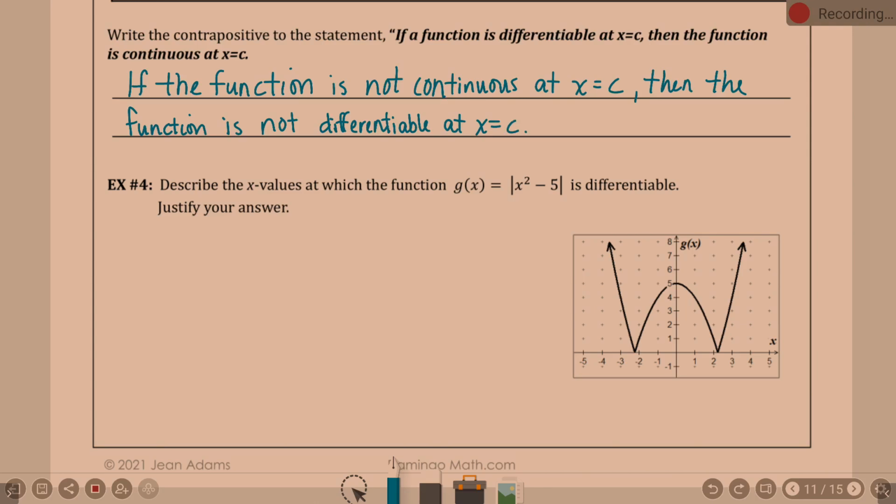Okay? So, you can say if the function is differentiable, then it follows that it is continuous. Or if the function is not continuous, then we know it's not differentiable. It must be continuous to be differentiable. It does not have to be differentiable, though, if it's continuous.